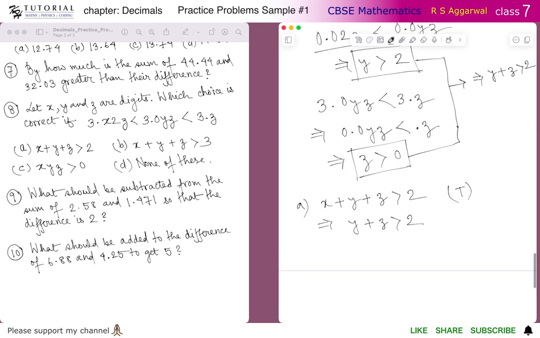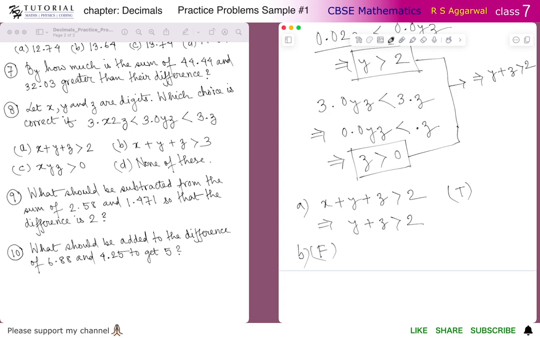Option B says x plus y plus z, and we can ignore x because x is 0. It is trying to say that y plus z is greater than 3. No, it need not be. Y plus z can be 3, because we only know that y plus z is greater than 2. It could be 3, it could be 4. So we cannot say for sure that y plus z is greater than 3. So choice B is false.